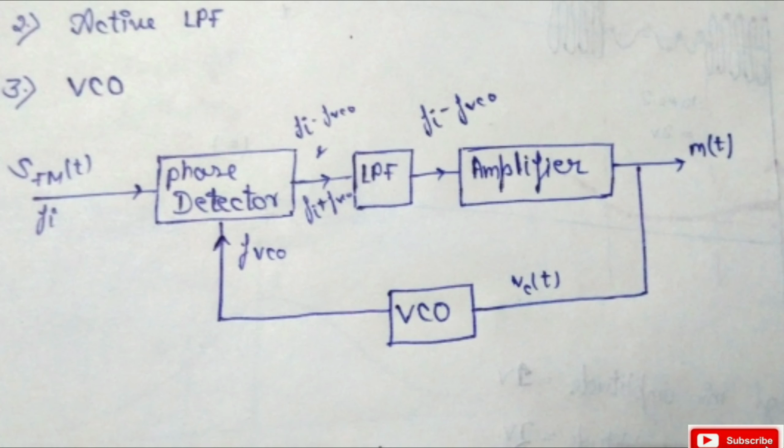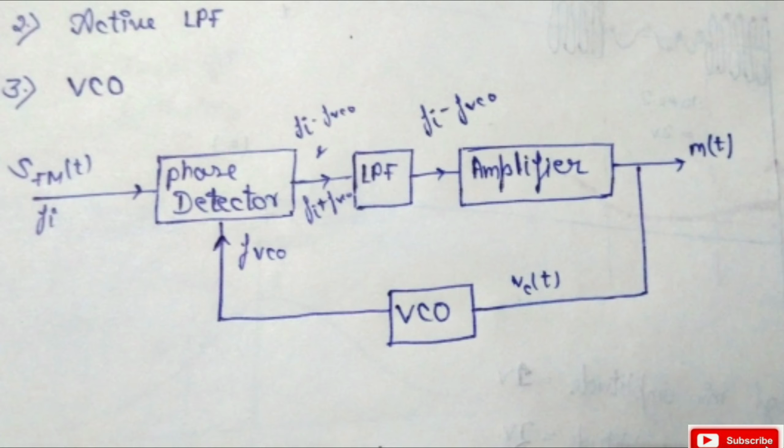Now the working of the PLL in the demodulation of the FM signal, which is one application of the PLL. In the PLL, we apply the resultant frequency modulated signal as the input to the phase detector, and the voltage controlled oscillator generates some frequency FVCO, and these two frequencies go as input to the phase detector.